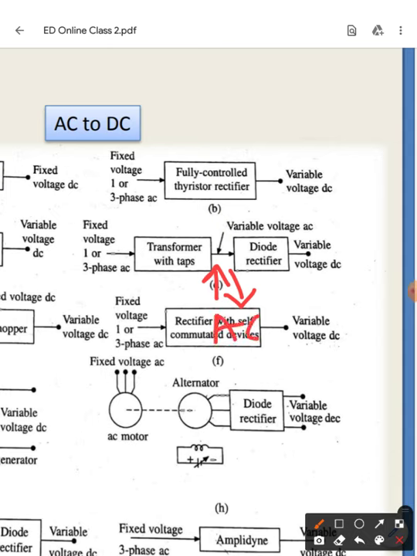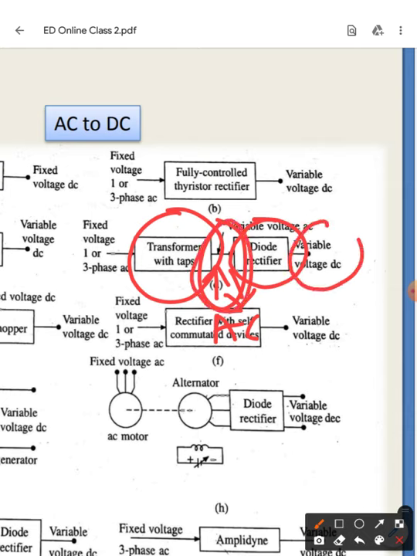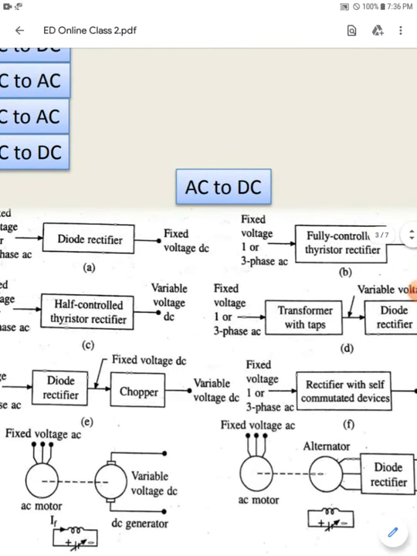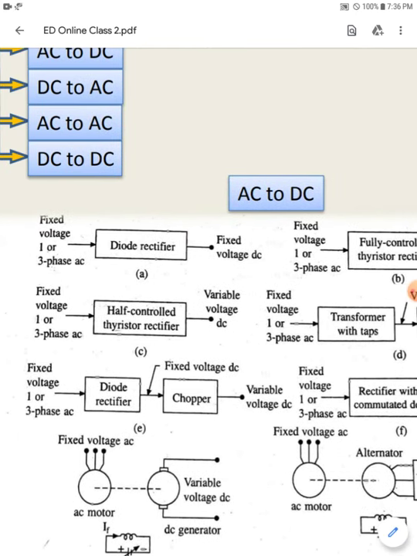Now by using the diode rectifier, we can also get variable DC voltages, because at the input end we have the regulation, we can change the input voltage by using the transformer, and that variable AC voltage can be converted into variable DC voltage by using this diode rectifier. In the first case, directly we can't change the fixed AC voltage into variable DC voltage.